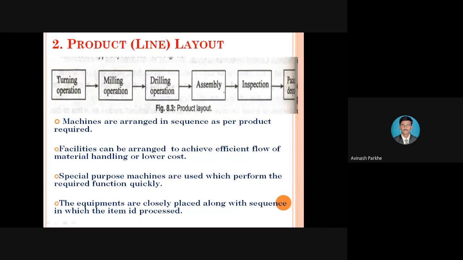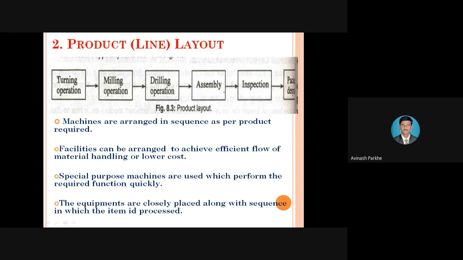Then the equipment is closely placed along the sequence in which the item is processed. So the equipment is closely fitted, or closely placed, along the sequence. The difference between the first machine and the second machine is also very small, because once all the operations are performed on machine number 1, immediately that raw material or product has to move to machine number 2.